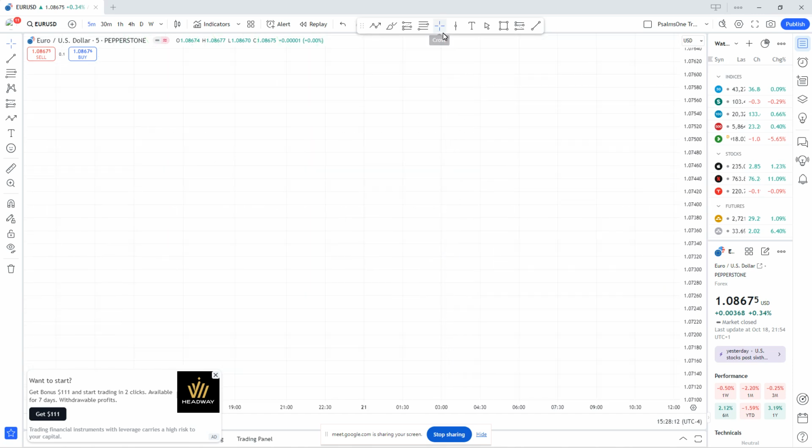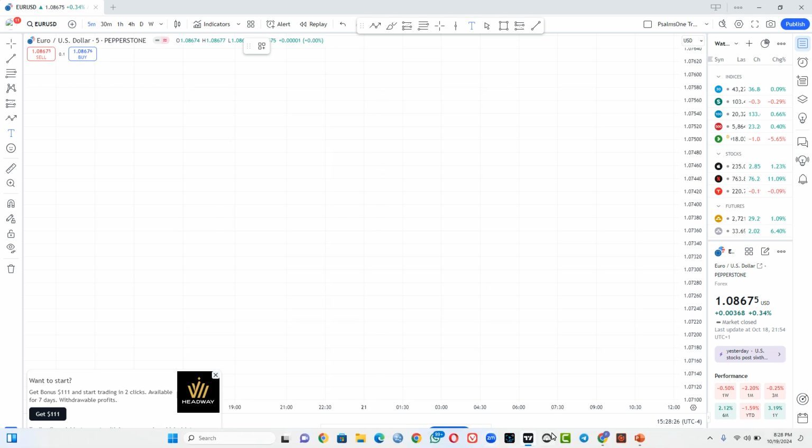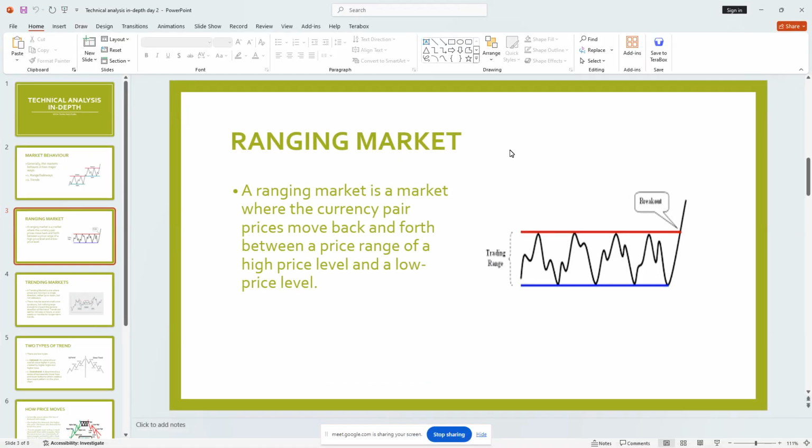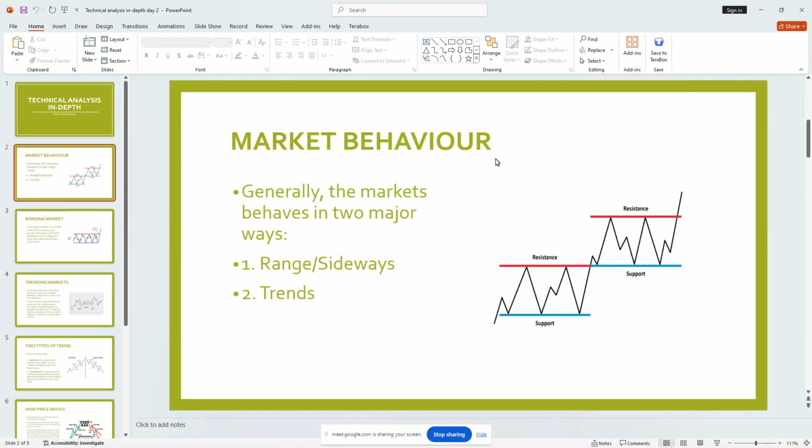So I'll now quickly be rushing to the next, which is about trend. We said price behaves generally in two ways. According to last class, price behaves generally in two ways.